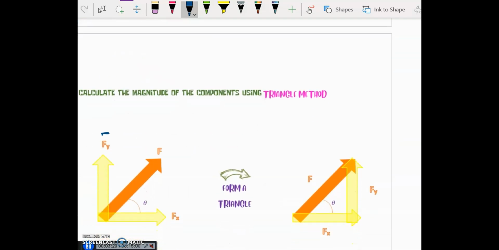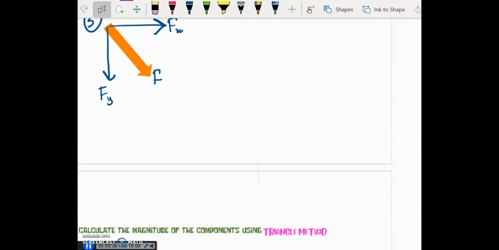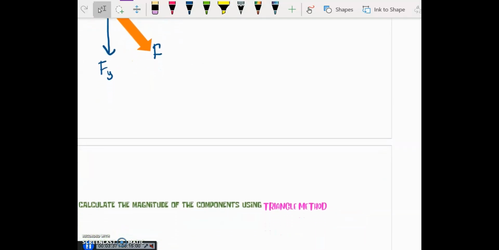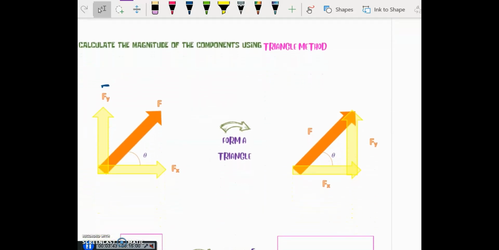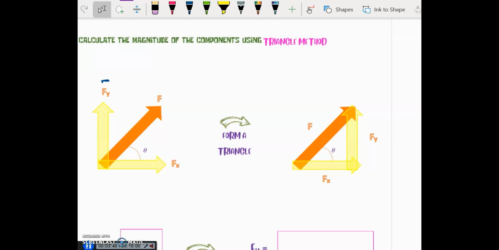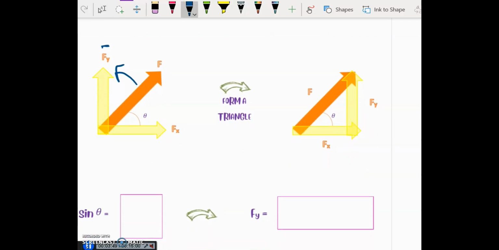Once we identify the direction of the forces, the vertical components and the horizontal components, we must calculate the magnitude of the components using the triangle method. Once you have split the single force into two components, you can form a triangle.